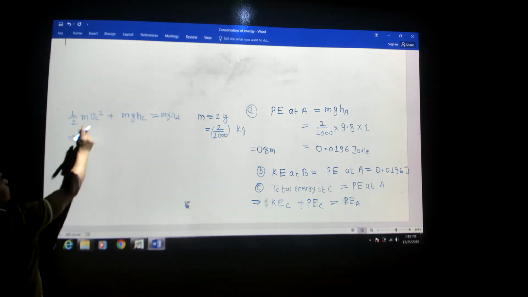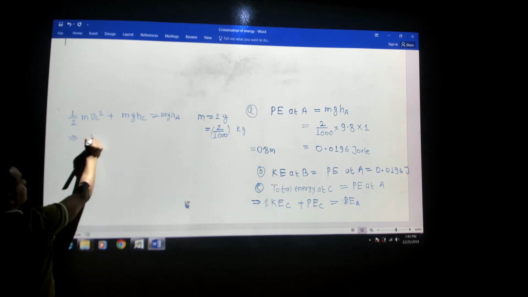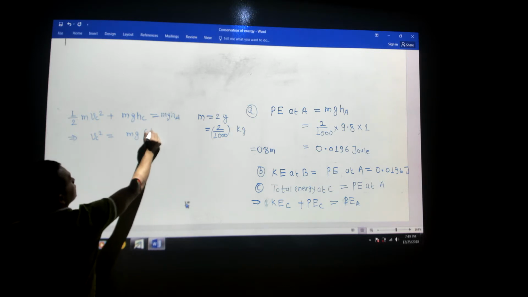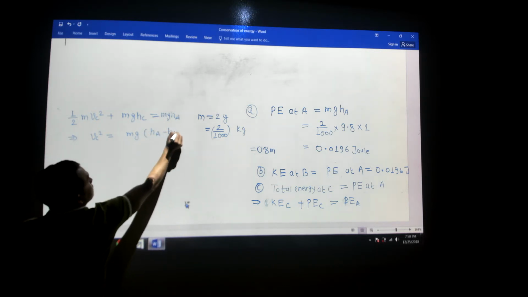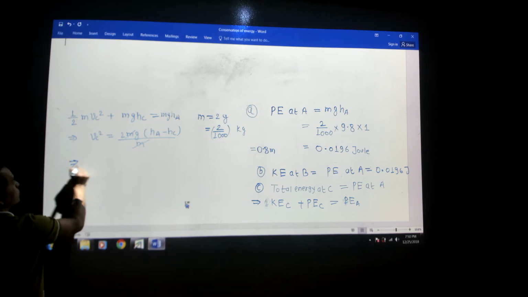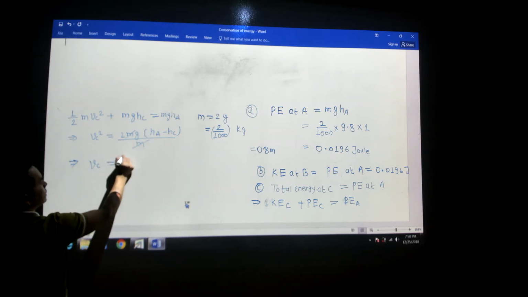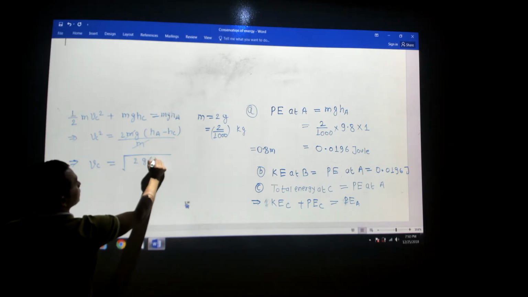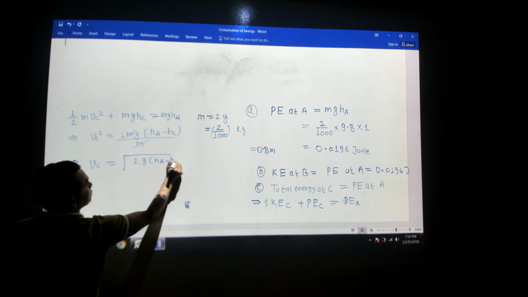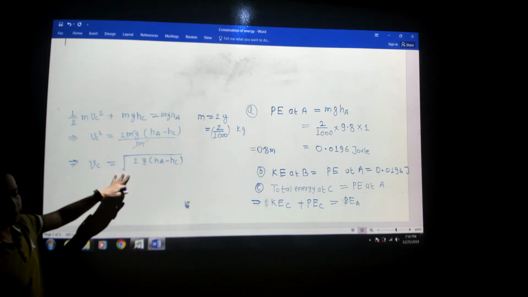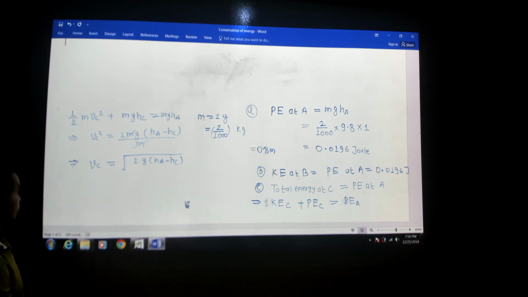So I can calculate the velocity from here. vc squared would be mg times ha minus hc, times 2 divided by the mass. This mass cancels out. So the velocity at point C is simply equal to the square root of 2 times g times ha minus hc. So this is the expression to calculate the velocity.